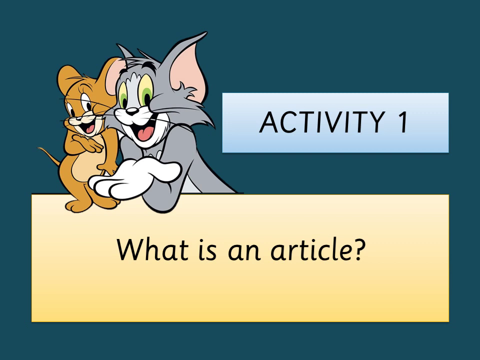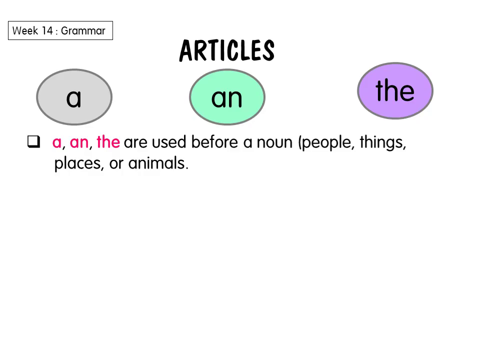Okay, let's start our lesson today with activity 1. What is an article? There are 3 articles here: a, an and the. A, an and the are used before a noun. For example, people, things, places, or animals.